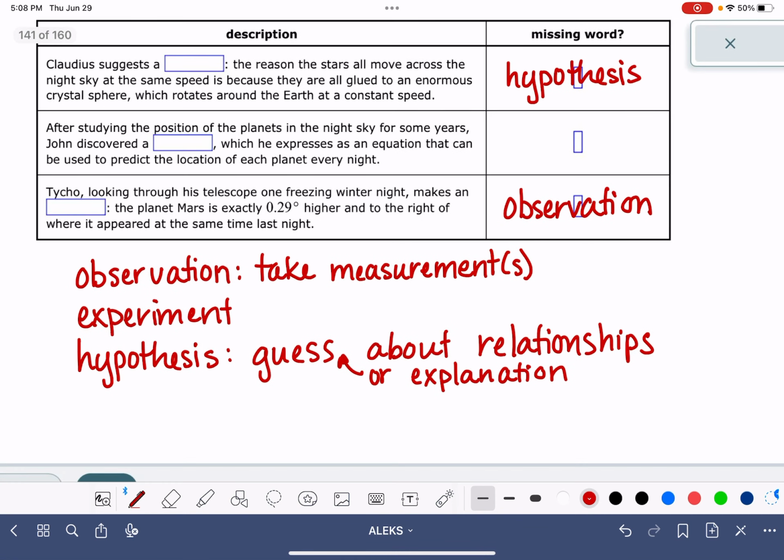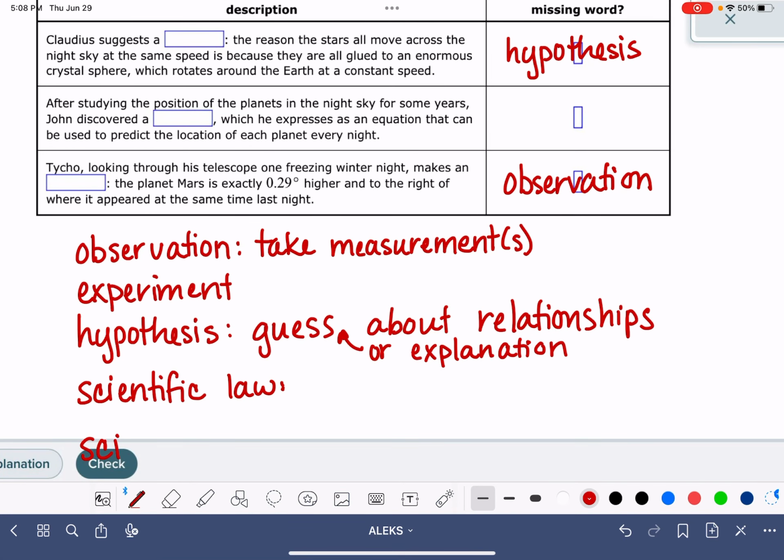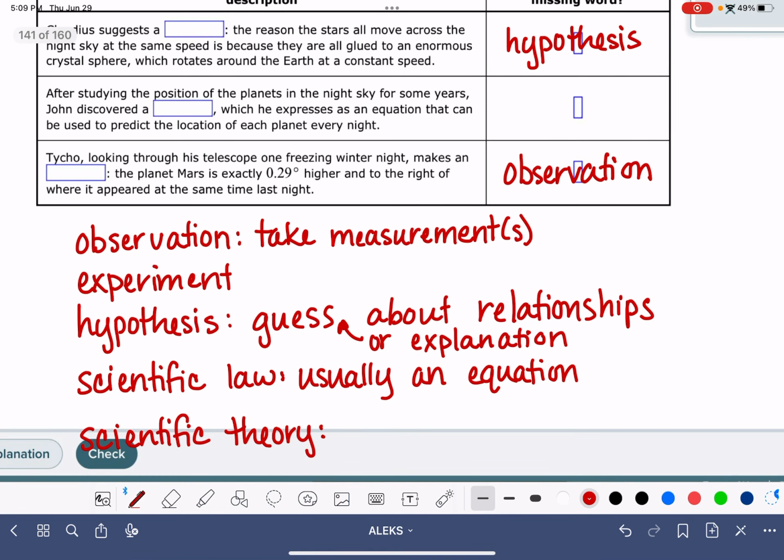And then last but not least, we've got a scientific law and also a scientific theory, and they are a little bit more difficult to distinguish from each other. I think the easiest thing to look for when you're trying to distinguish between a scientific law versus a theory is that a law is usually a mathematical equation, so some type of numerical or symbolic relationship between variables.